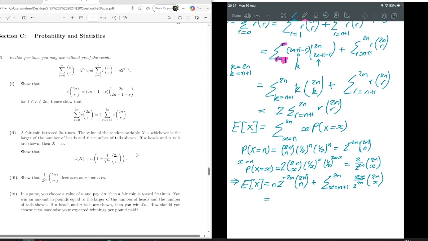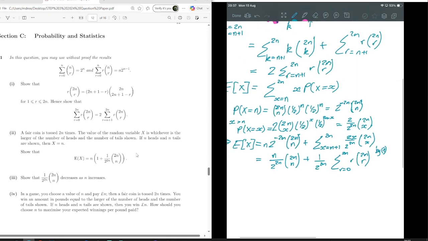So this is going to become, and I'm just checking the answer. The answer isn't written with negative powers, so I'm going to stop writing with negative powers. Plus, this is 1 over 2 to the n, and that summation we can write as r equals 0 to 2n of r, 2n choose r, and that's by part I. But that summation is something that's already given to us.